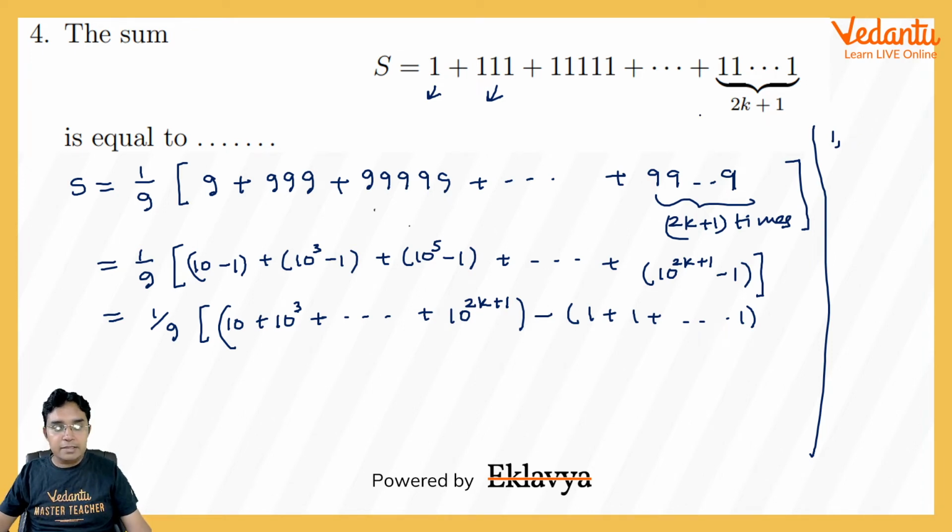So I may write this as 2r minus 1, because if you put r as 1, we get the number of times 1 is appearing, and then 3 when r is put as 2. So in the second term, the number of occurrences of 1 is 3. So we can say the number of occurrences is given by 2r minus 1.